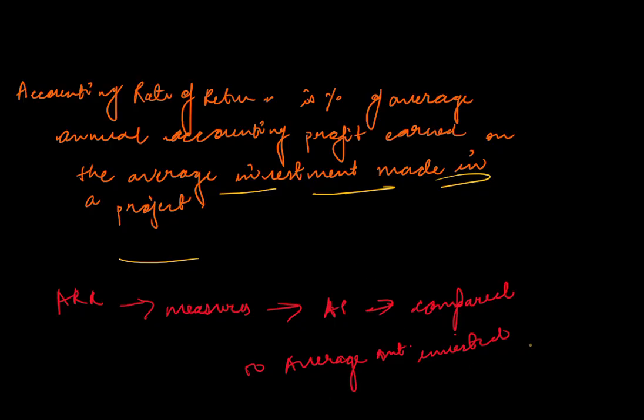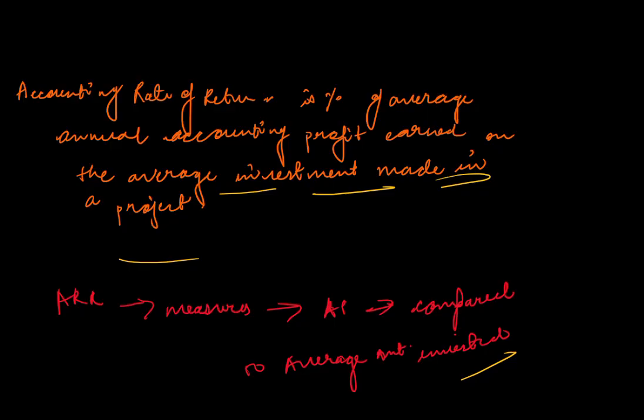Now students often ask, if we already have NPV method and IRR method, why do we need this particular method? The answer is very simple. Not all companies want to evaluate projects based on discounted cash flows. Some organizations prefer a very simple method based on accounting information that is already available in the financial statements.